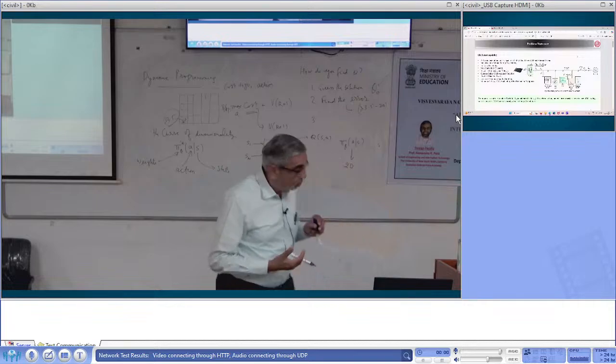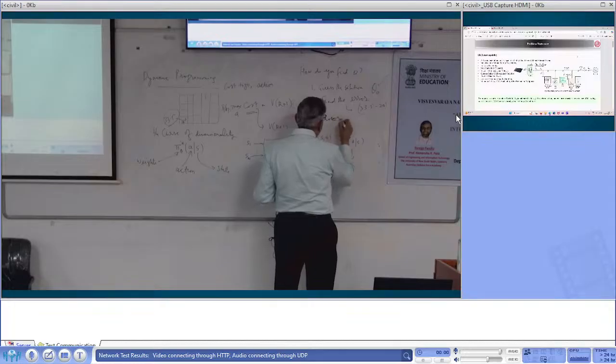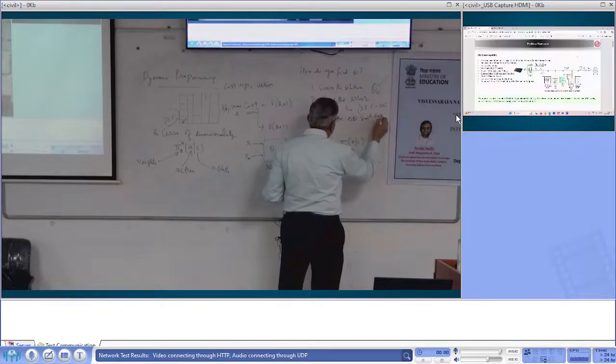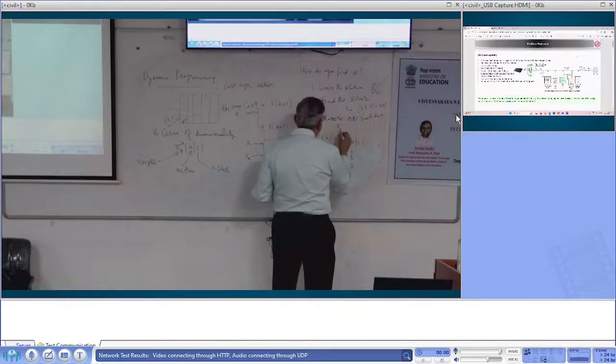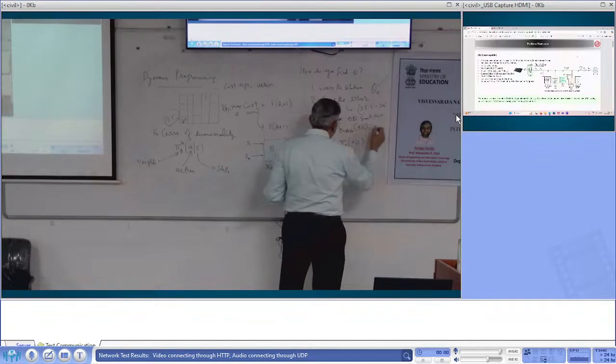Improving accuracy. So I minimize the error, choose delta theta such that the error at theta plus delta theta is less than the error at theta.